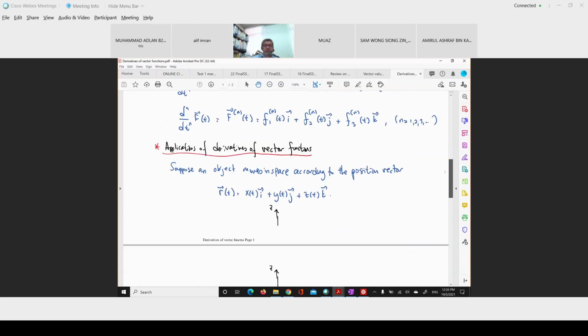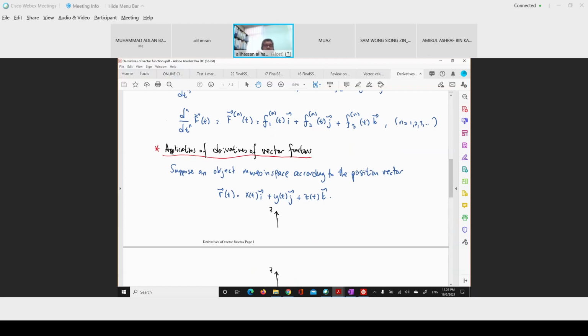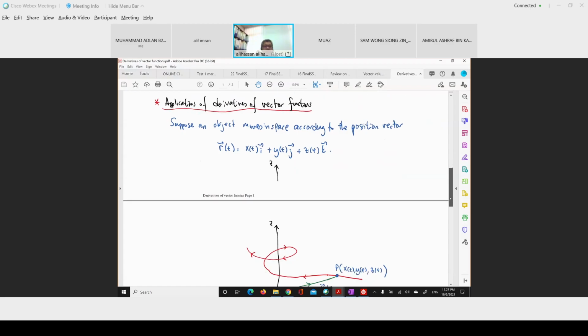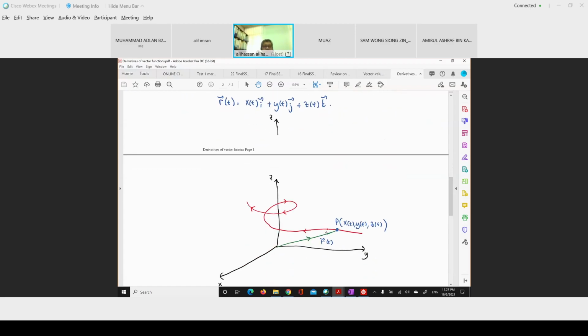Okay, one application of derivatives is the velocity, given a function r, which represents the position vector. Remember yesterday I said that the vector valued function can be viewed as a position vector to describe a curve, the motion of a point in space.